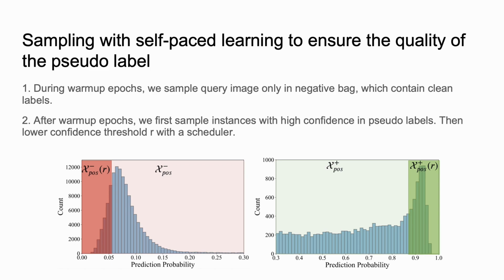Since negative bags only contain negative instances, we start with a few warm-up epochs where we only sample query images in the negative bags, which guarantees that they all have clean labels. After that, we sample instances with high confidence in their pseudolabels, which are the darker parts of these two plots.